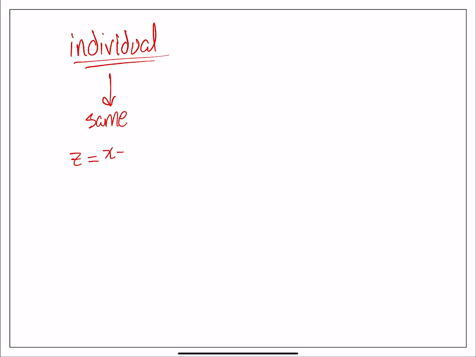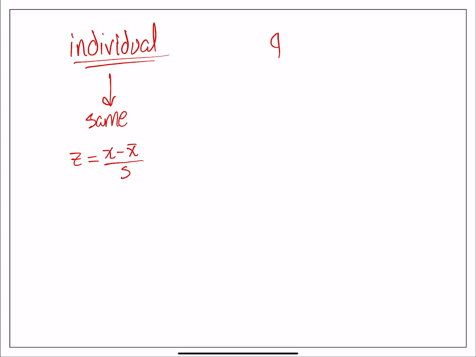Quick little recap. So first, when we do an individual, everything is the same. Same steps. Everything is the same. And our z-score is z equals x minus x bar divided by standard deviation.